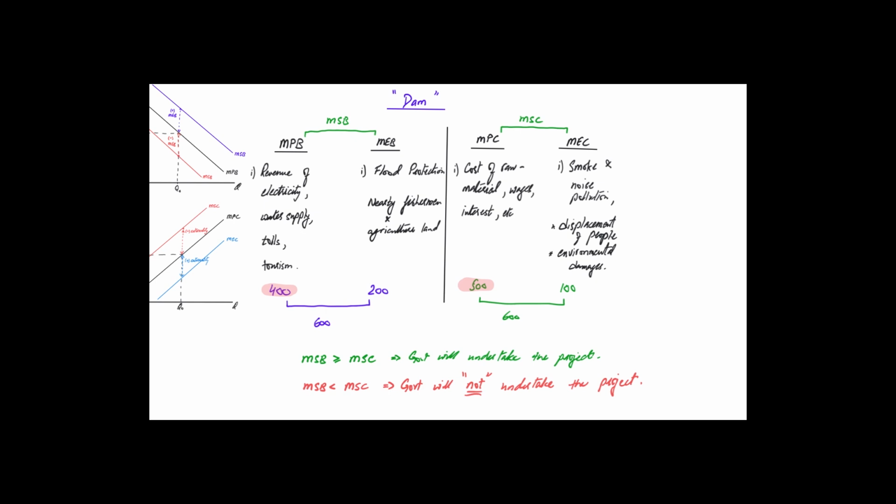And that's where the market is failing. As we saw in this diagram, according to social welfare, this dam should have been constructed. But from the private sector's point of view, this dam will not be. And therefore the quantity produced is not enough, and so there is inefficiency and a market failure.